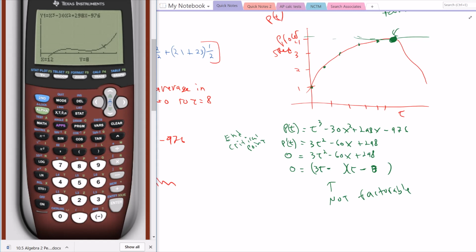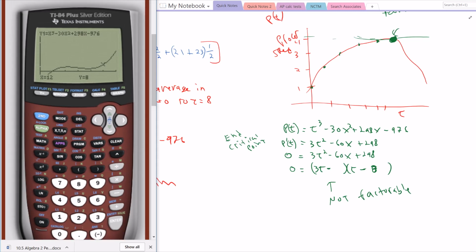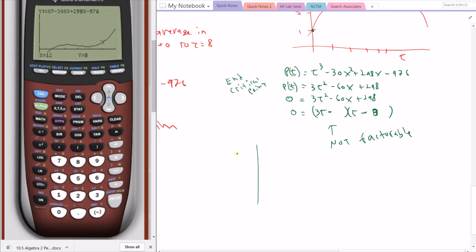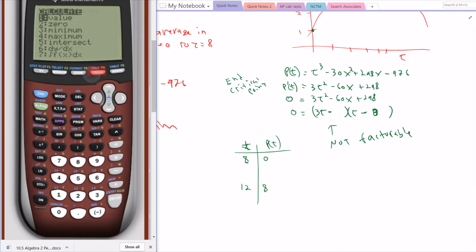But it also happens at critical values, which you can see up here at this relative max. And you can use your calculator to find that as well. So let's do our table of values, right? If we did t and p of t, then at 8 it was 0. At 12 it was 8, and then we have to find that critical value as well, which is going to be trace, maximum.